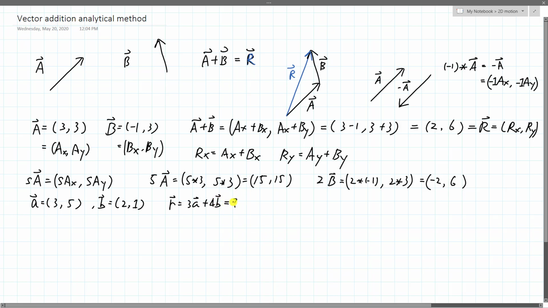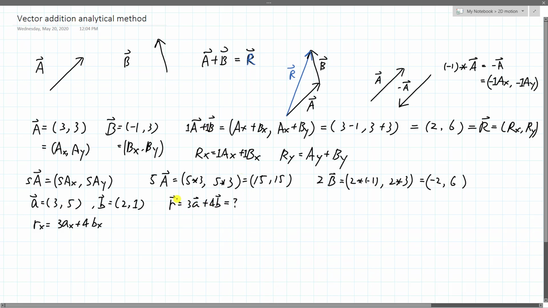Just like I had before, the resultant x is these two vectors' x components, the resultant y is the y components. So Rx should be this whole thing's x component, so it's 3 times a's x component and 4 times b's x component. Before, this was just a 1a and 1b because I was doing 1a plus 1b, right? And this is 3a plus 4b.